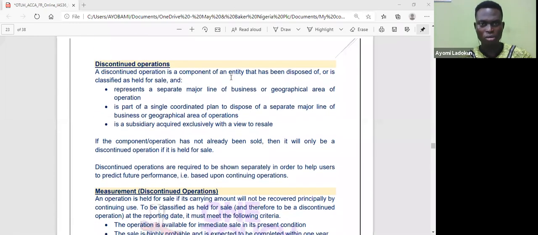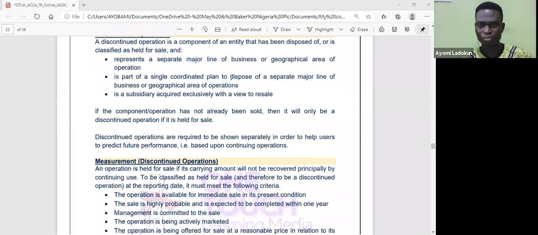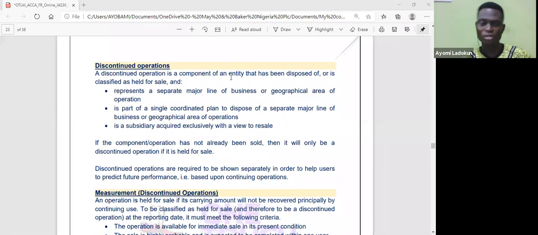Okay. Now look at discontinued operations. The discontinued operations, how do I explain that? Let's say KFC, for example. You have KFC on the mainland, let's say at Ikeja. You have KFC on the island, let's say at VI.